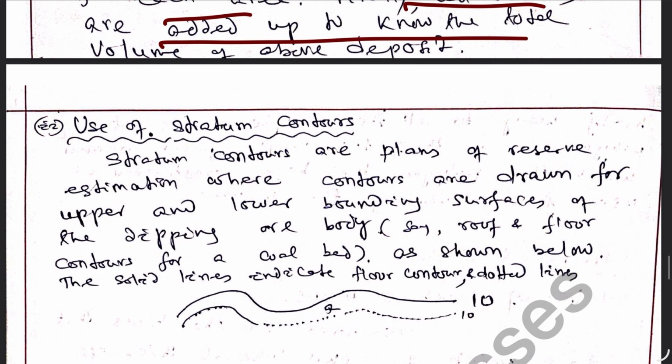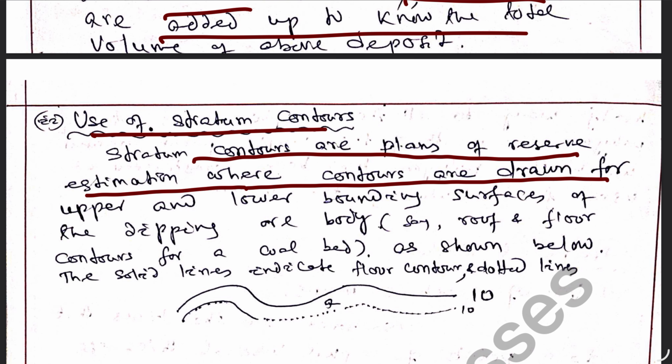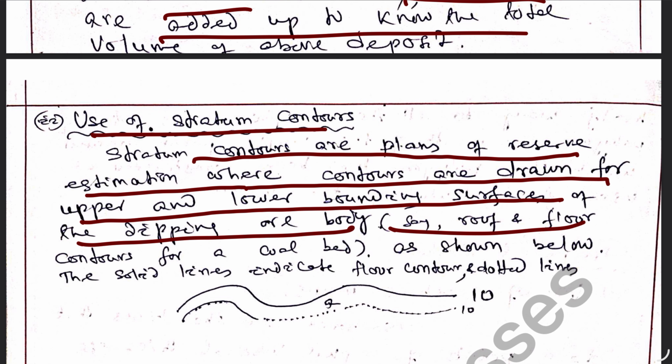Then, use of stratum contours. Stratum contours are the planes of reserve estimation where contours are drawn for the upper and lower bounding surfaces of the dipping ore body, say roof and floor contours for the coal bed.